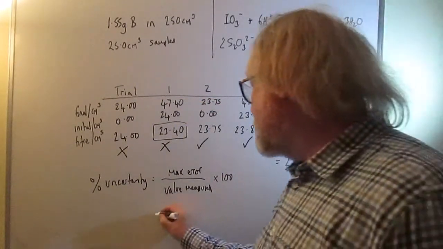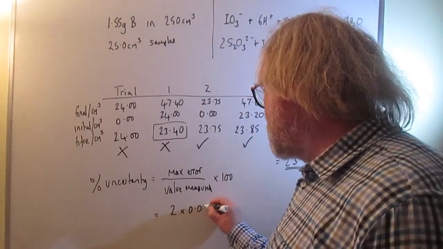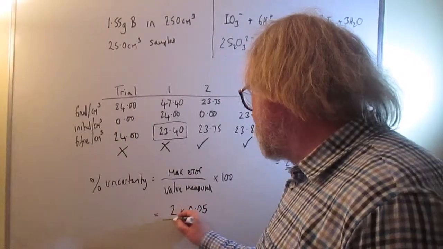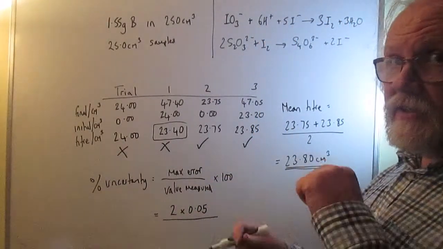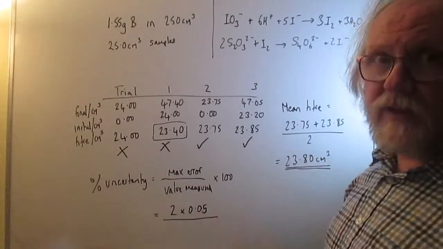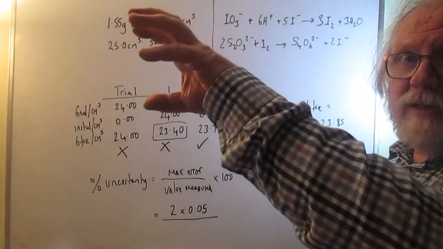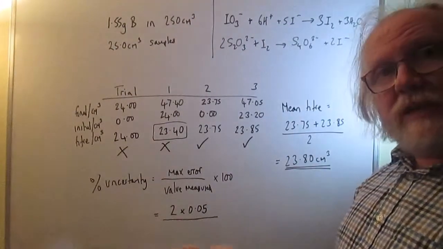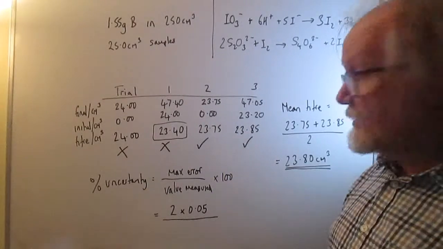So the maximum error is 2 times 0.05. So anytime you have a measurement which involves 2 individual values going in, so initial and final values in a titration, or maybe mass of the beaker plus compound minus mass of the beaker on its own, again 2 individual measurements, you have to add up the uncertainties on each one.